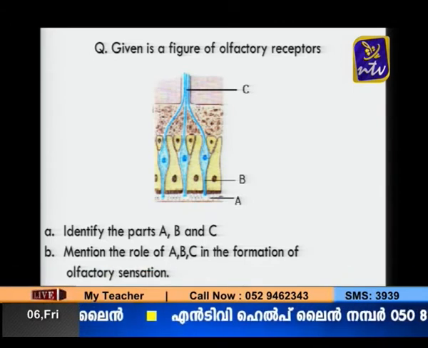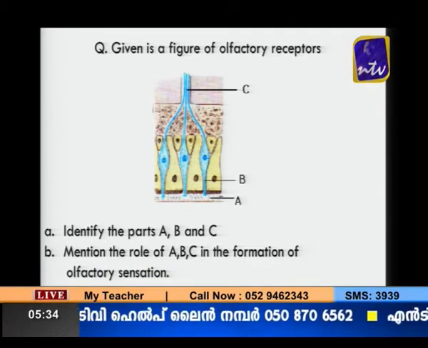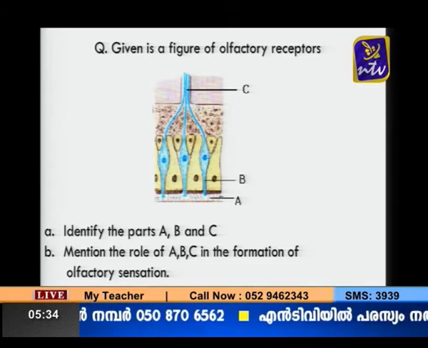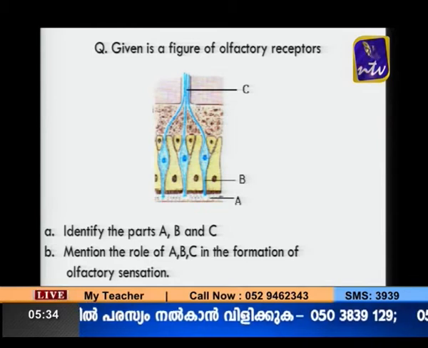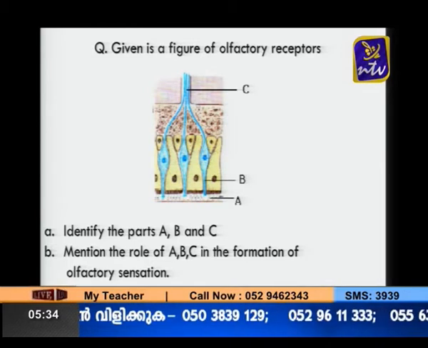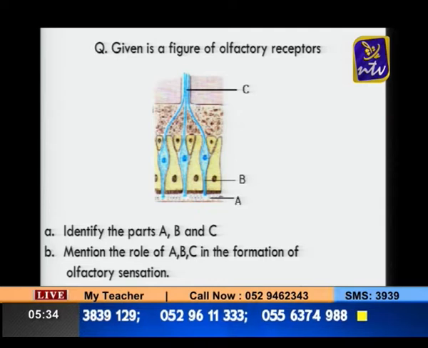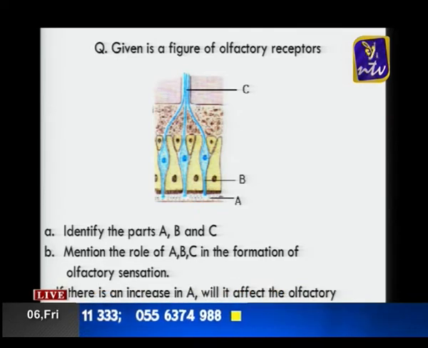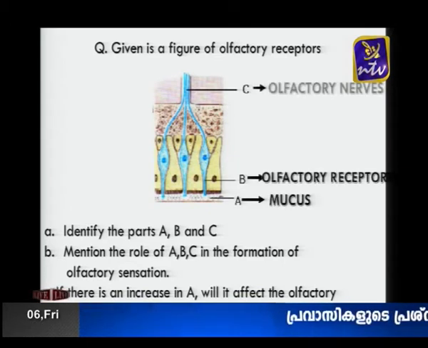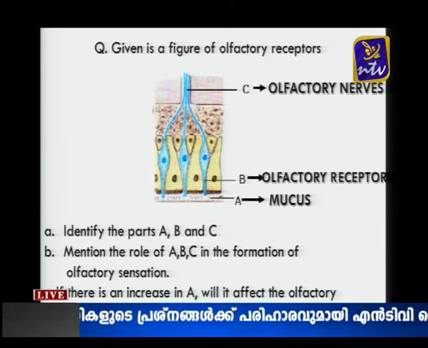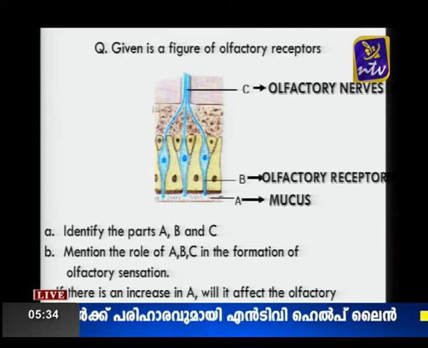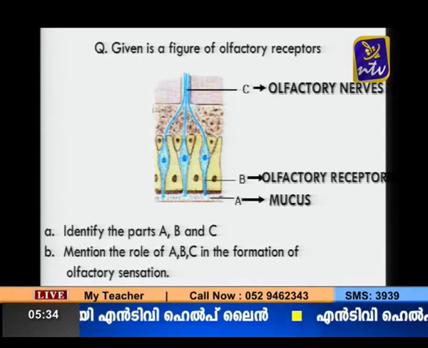The question is to identify parts A, B and C. And there is one more question: mention the role of A, B and C in the formation of olfactory sensation. Let us see the answer. A is mucus, B is olfactory receptor, and C is olfactory nerve.